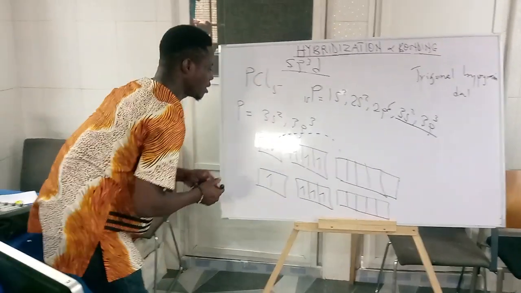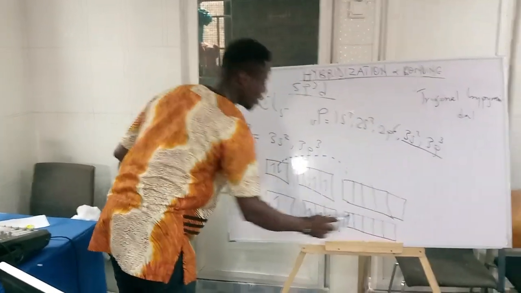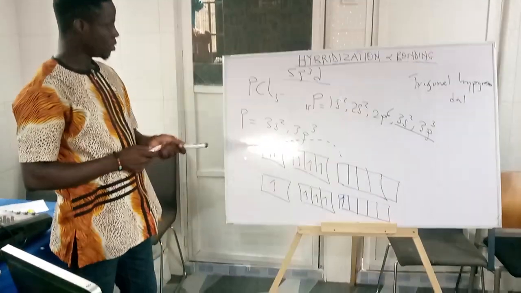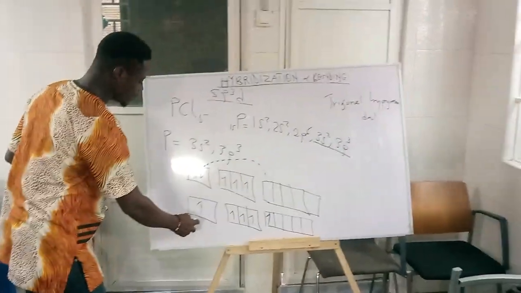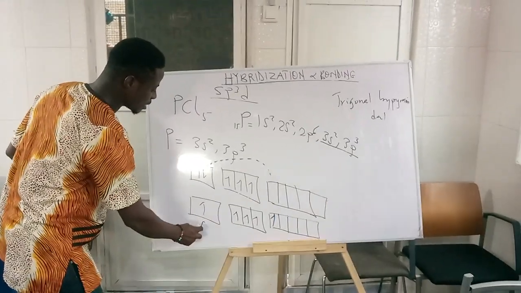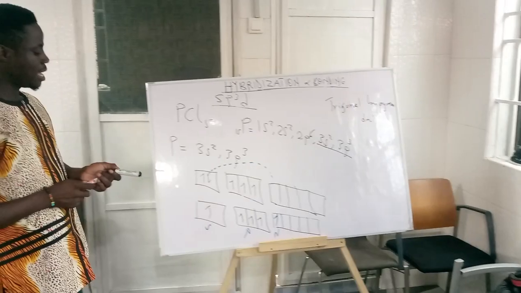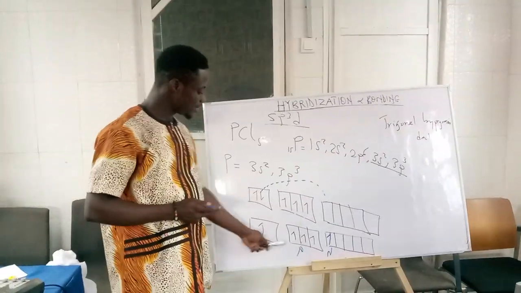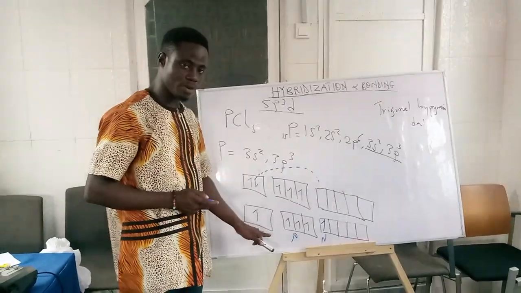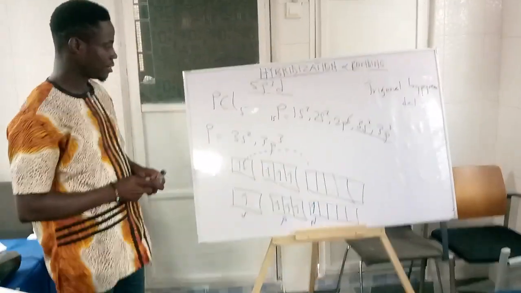We have promoted this electron from this place to this place, so this is also having an electron. So you can see in sp3d, you have mixing of an s orbital, a p orbital, and a d orbital. As soon as you mix these, the type of hybridization you are seeing here is sp3 because of 3 p orbitals, plus d: sp3d hybridization.